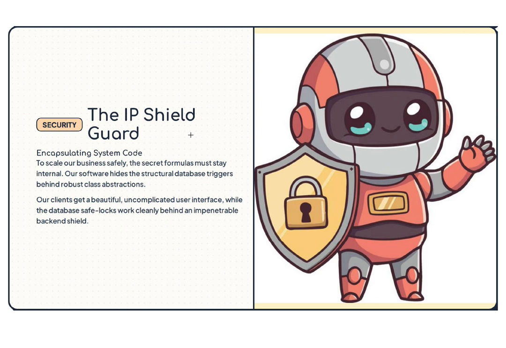So our software hides the structured database triggers behind robust class abstraction, and our client gets a beautiful and uncomplicated user interface, while the database safe lock works cleanly behind the impenetrable backend shield, right?